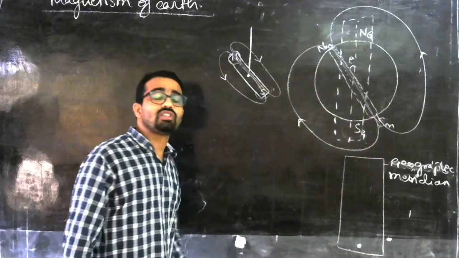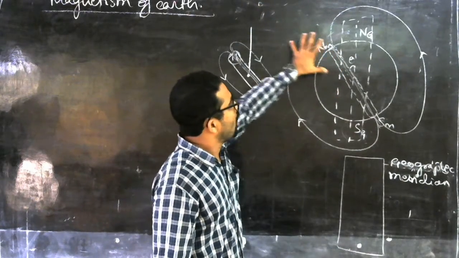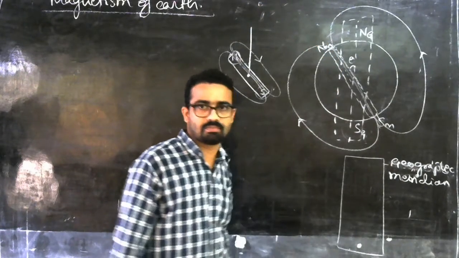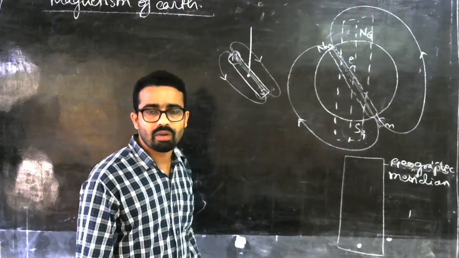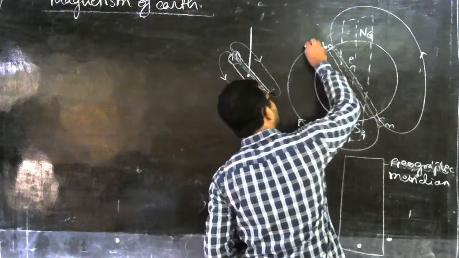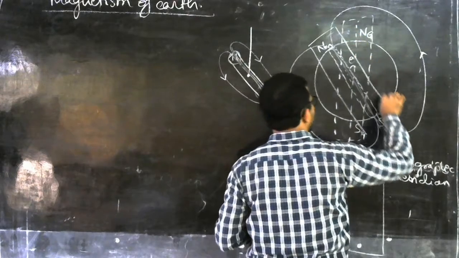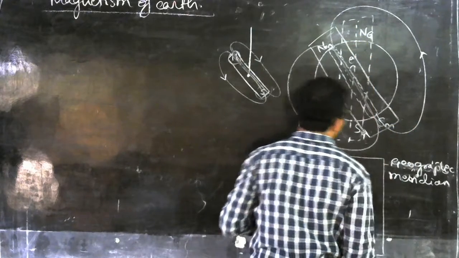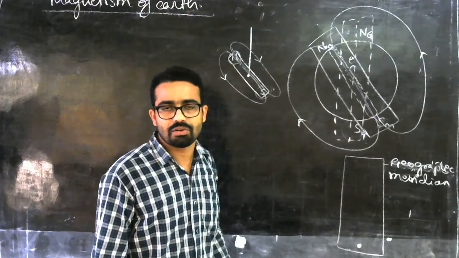And a plane containing the imaginary lines of the magnetic field lines of the Earth is known as a magnetic meridian. We have to consider one more plane, which contains the imaginary line passing through the south and north pole of the Earth magnet.